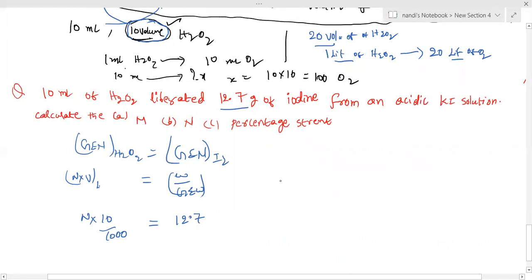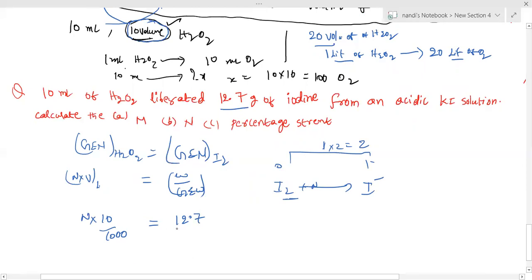As already mentioned in iodometric titration, the n factor is 2. Check: when I2 converts into I minus, the oxidation number changes from 0 to minus 1, a difference of 1, but there are 2 iodines, so 1 into 2 gives 2. In my previous videos I clearly mentioned how to calculate the n factor.